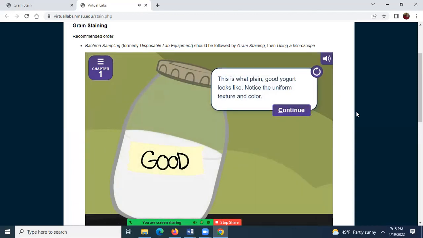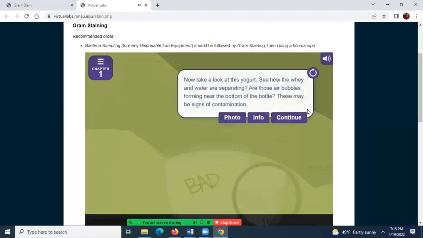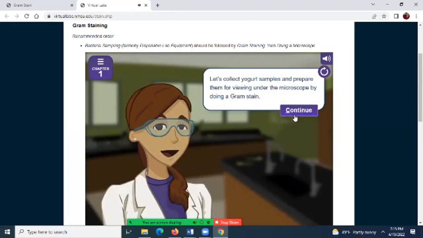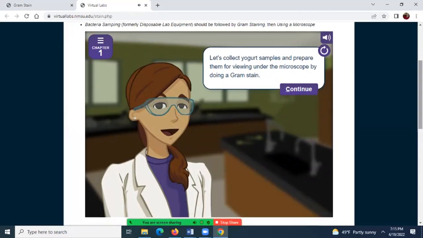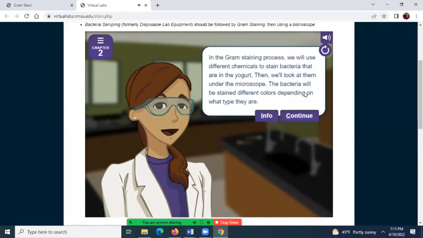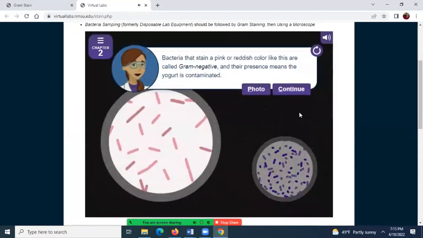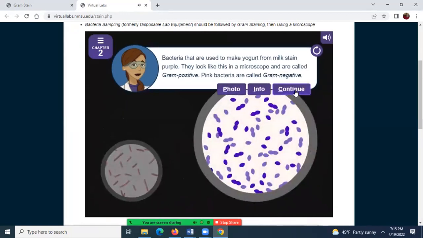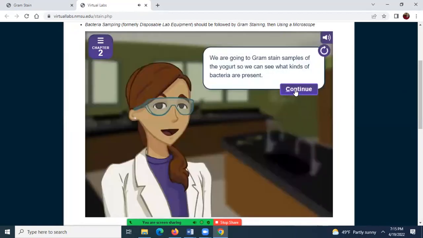This is what plain good yogurt looks like. Now take a look at this yogurt. Let's collect yogurt samples and prepare them for viewing under the microscope by doing a gram stain. In the gram stain, bacteria that stain a pink or reddish color like this are called gram-negative, and their presence means the yogurt is contaminated.